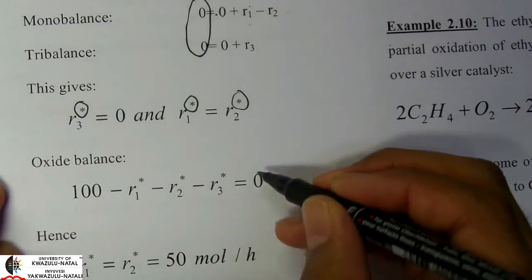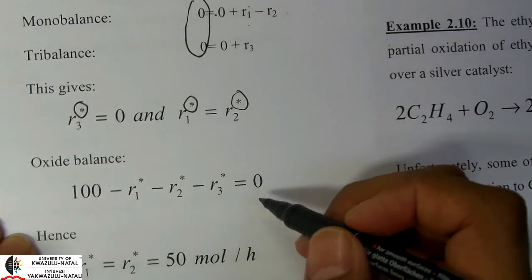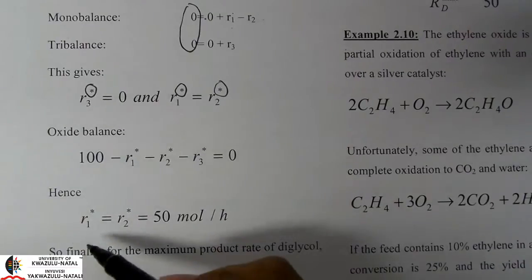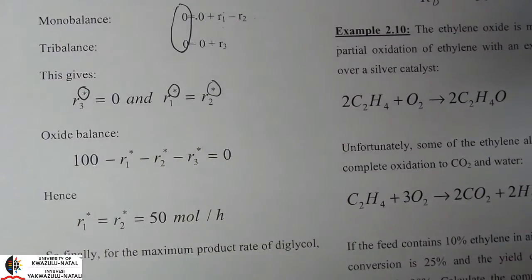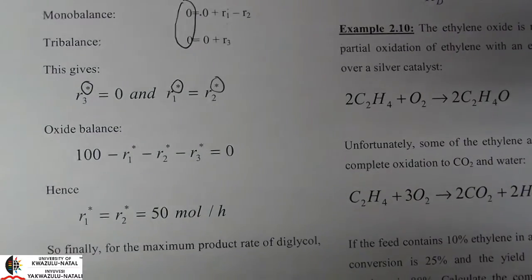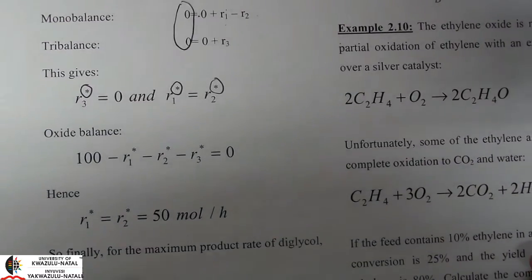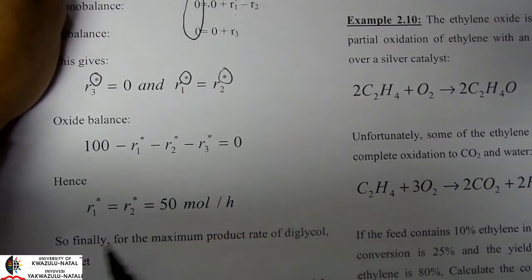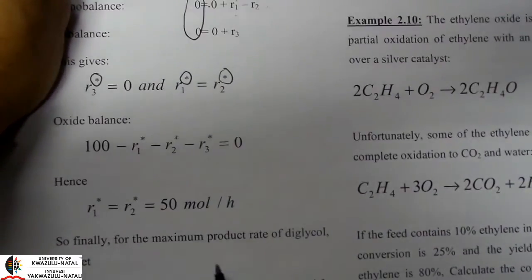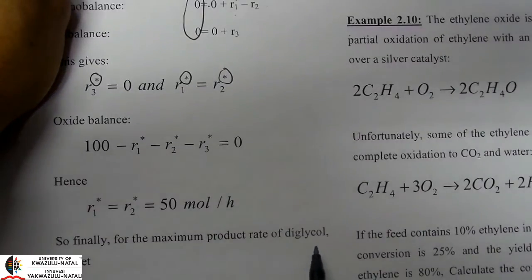So from this relationship, we end up with R1 star equal to R2 star equal to 50 moles per hour. And now that we have R1 star and R2 star, we can get the maximum production rate of diglycol.